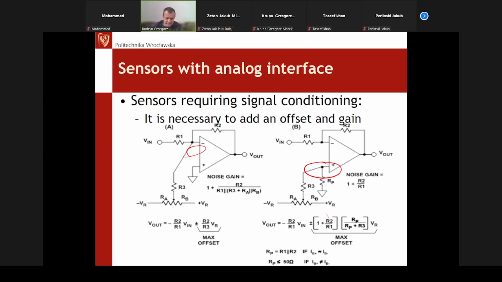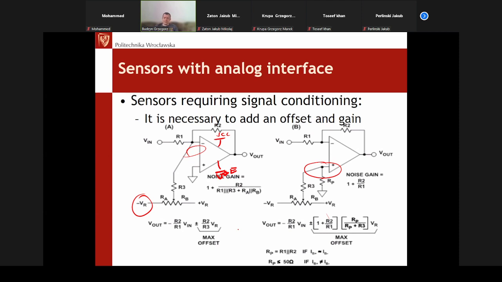So if we have negative voltage here, and if there are two symmetric supplies of the op-amp, so if we have VCC and VEE, a positive and a negative power supply.